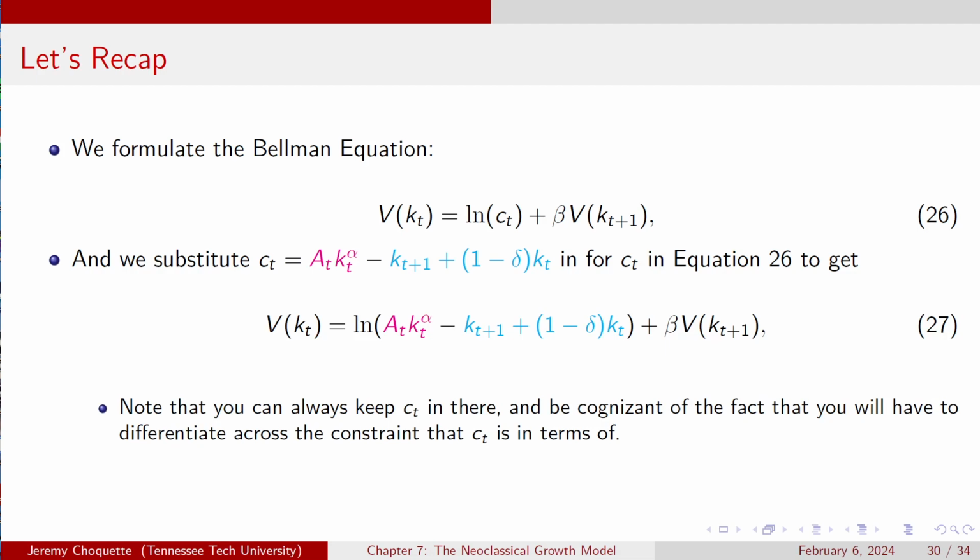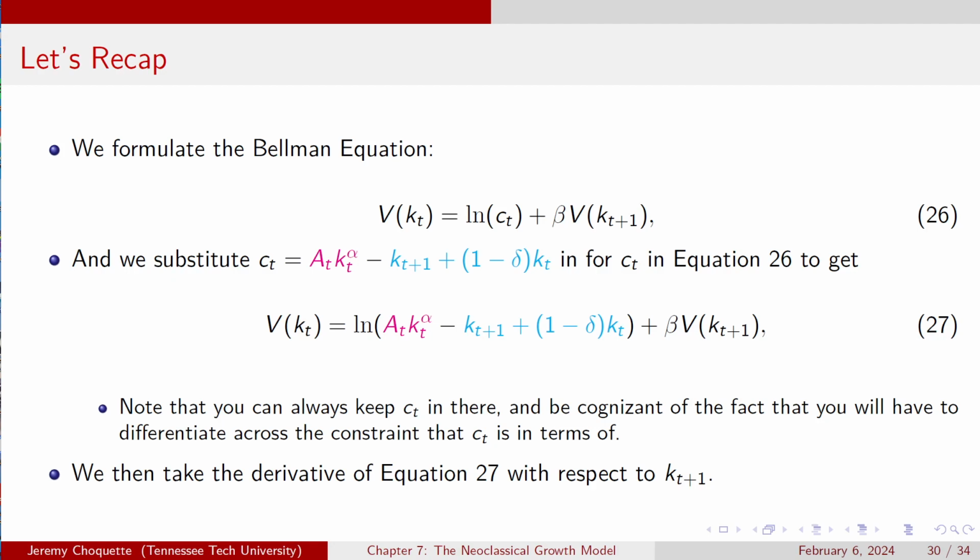V of kt equals the natural log of output minus investment, or pink stuff minus the blue stuff, plus beta times V of kt plus 1. Now, you can just keep ct in there if you want, but you have to be cognizant of the fact that you'll have to differentiate across the constraint that ct is in terms of. Here it's in terms of capital.